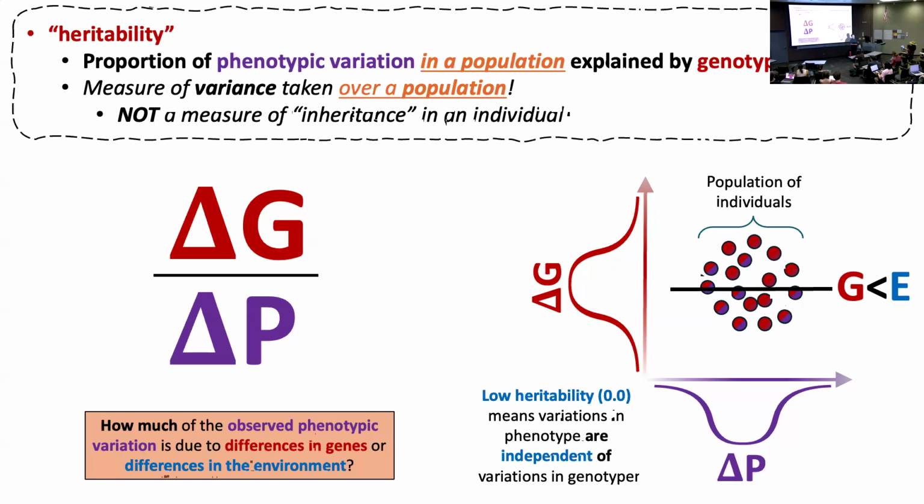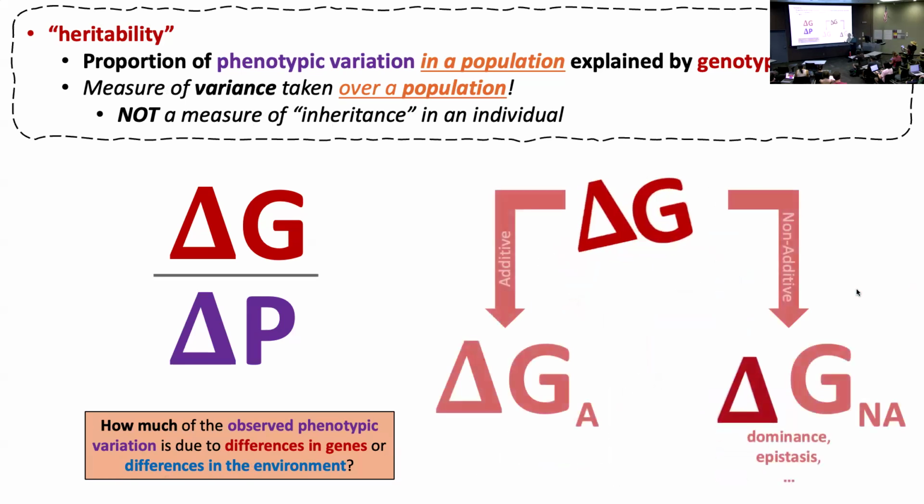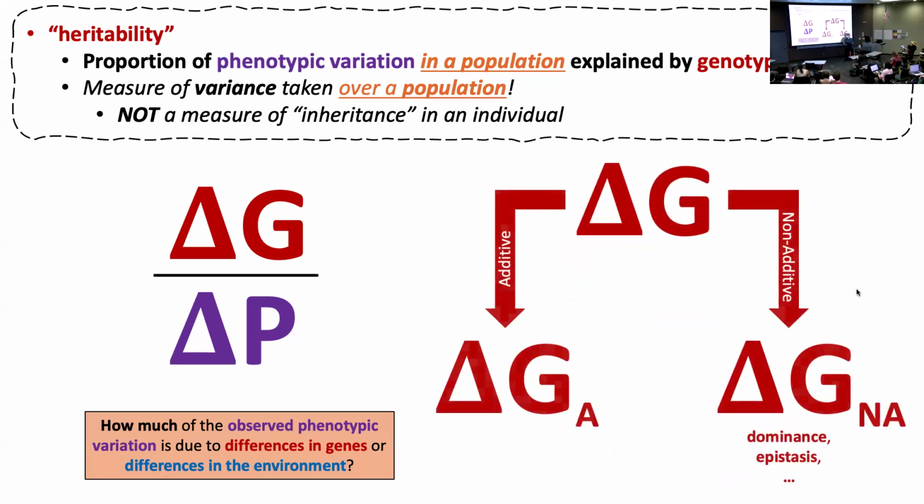Okay. So let's drill down into that a little bit more. There are two types of genetic variation that we have to worry about when we do this population genetics stuff. And we don't have to go too far down into this, but I do have to introduce these terms because the easy version of heritability requires us to limit our genetic variation to what we refer to as additive genetic variation.